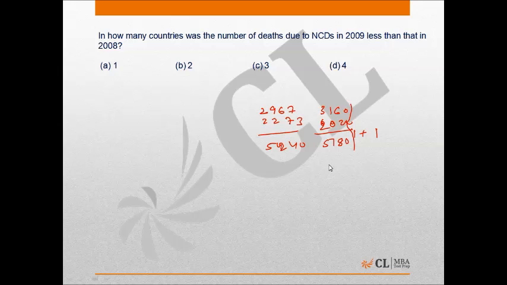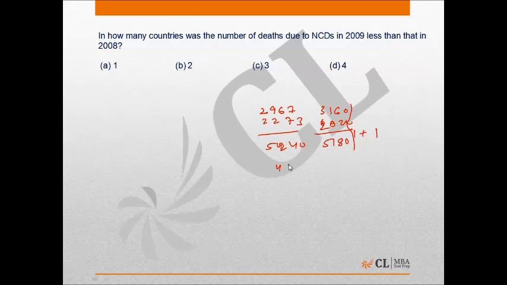Again, figures are quite close, so it's not feasible just by having a look at graphs to conclude whether China had lesser number of NCD deaths in 2009 or not. So check it for China also.